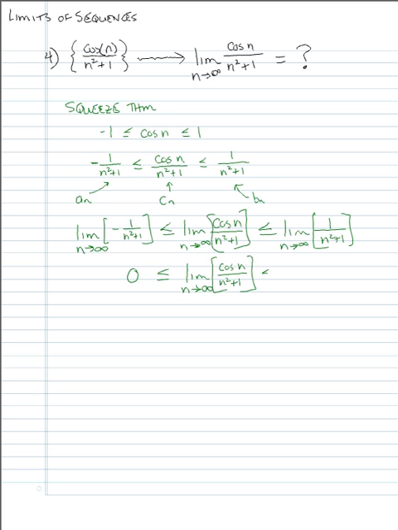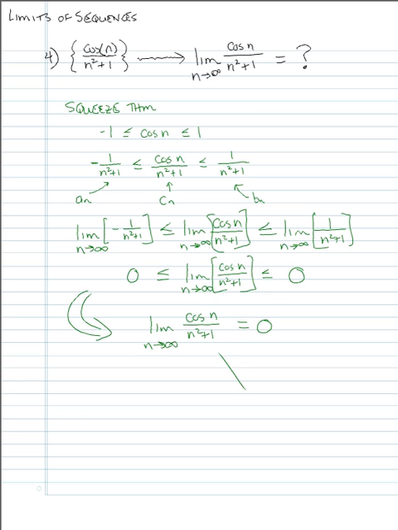Now let's go over here. The limit of 1 over n squared plus 1 as n goes to infinity, just like we saw on the other hand, everything's positive this time though. So our limit is squeezed between 0 and 0. Our conclusion is that the limit of cosine of n over n squared plus 1 as n goes to infinity is equal to 0, since it's got to be between 0 and 0.